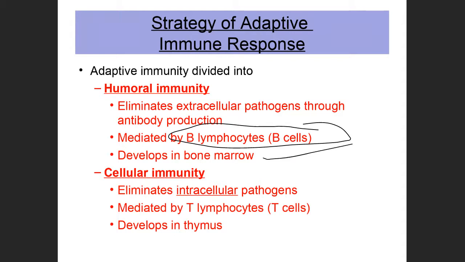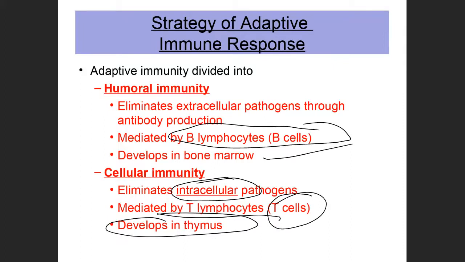On the other hand, cellular immunity is going to go after cells that are infected or cells that are abnormal. So they're going to eliminate intracellular pathogens. The cells involved in cellular immunity are the T lymphocytes or T cells, which are created in the thymus. B cells develop in the bone marrow.